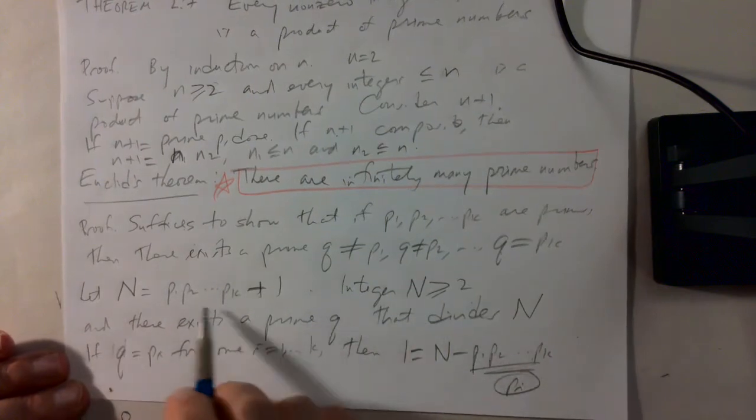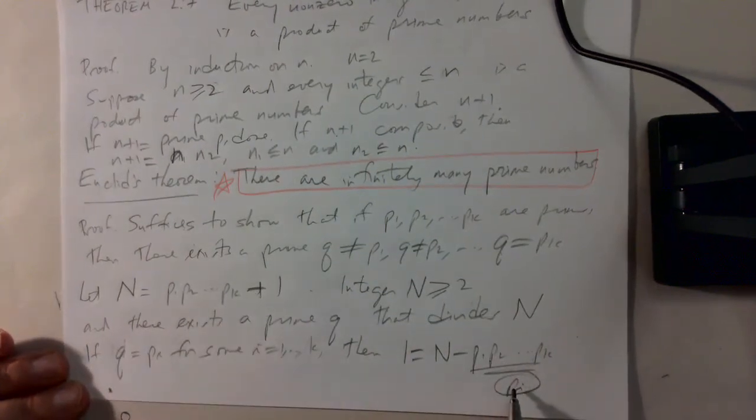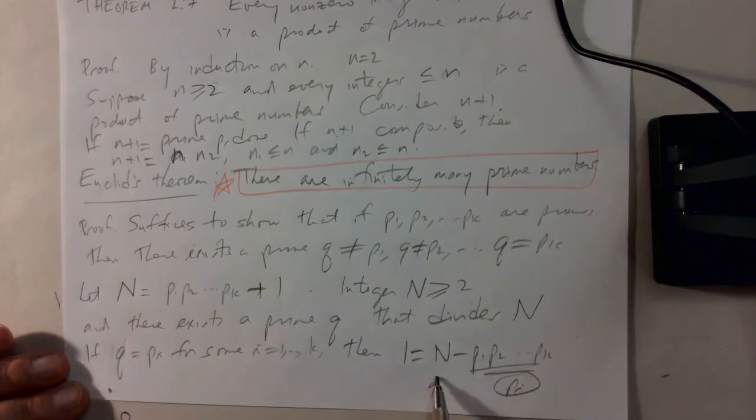If this prime Q is one of these P's, which is some P sub i, then P sub i divides N. This number is divisible by P sub i. This number is divisible by P sub i.